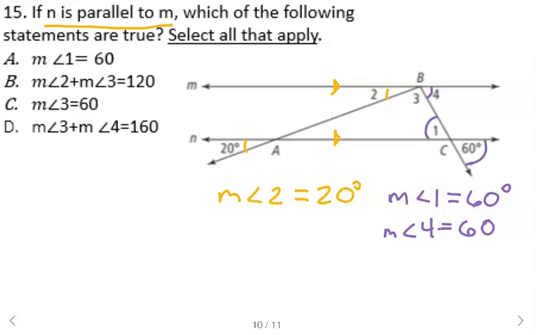We're finding all the ones that are true, so the measure of angle 1 equal to 60 is a true statement. Alright, so we've got some 60-degree angles there. We've got measure of angle 2 is 20.